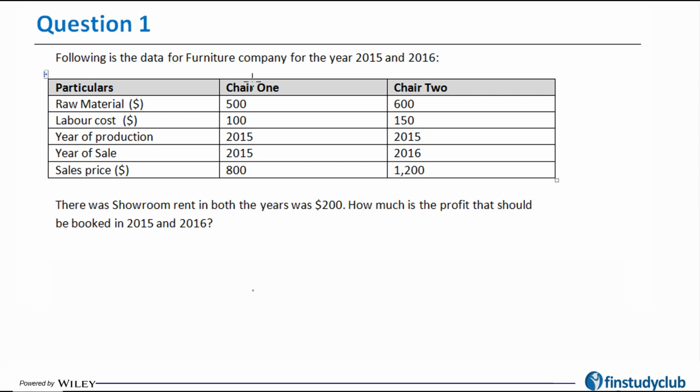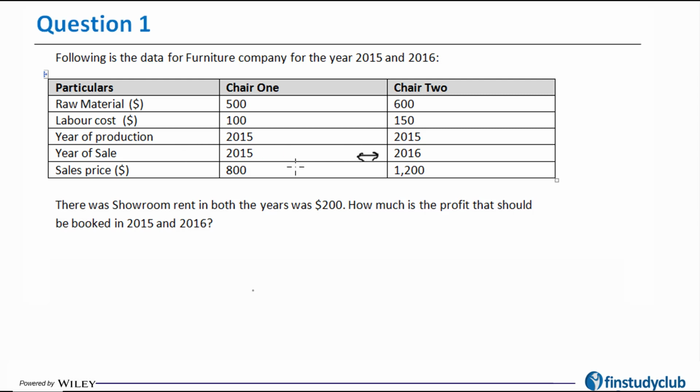Here is the data for a furniture company for the years 2015 and 2016. There are particulars for Chair 1, the first product, and Chair 2, the second product. There are raw material costs of 500 and 100, 600 and 150, where labor cost is also included. Both of the chairs got produced in 2015, but the year of sale is different.